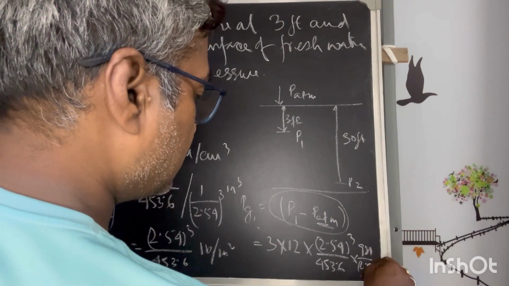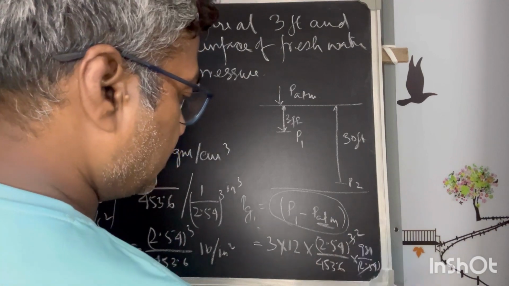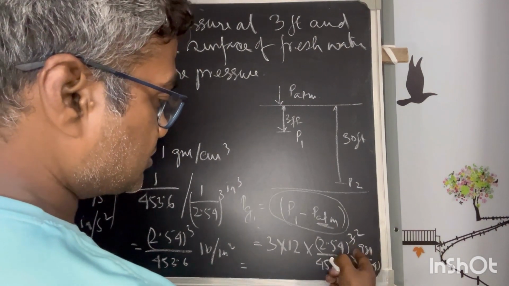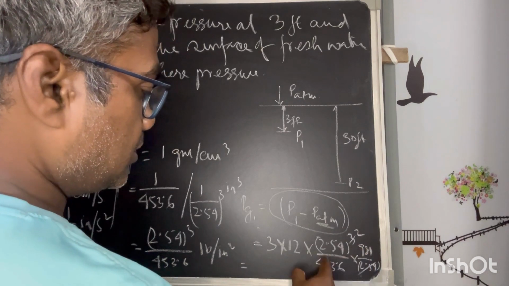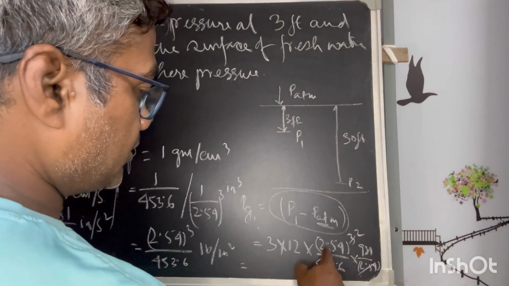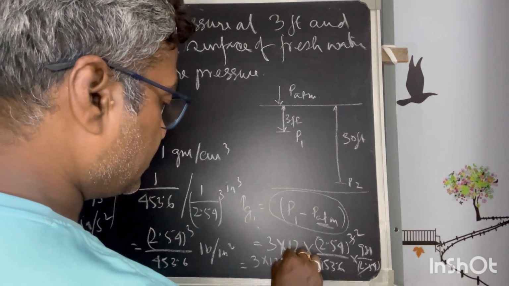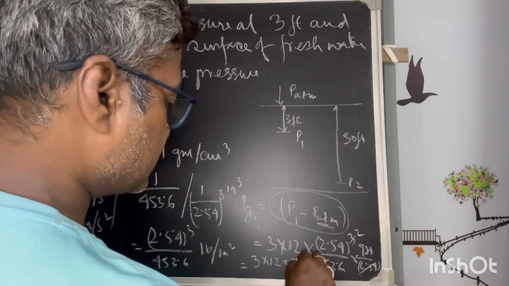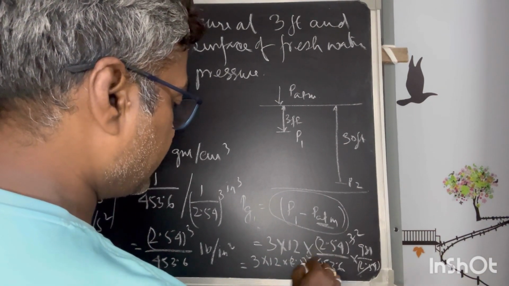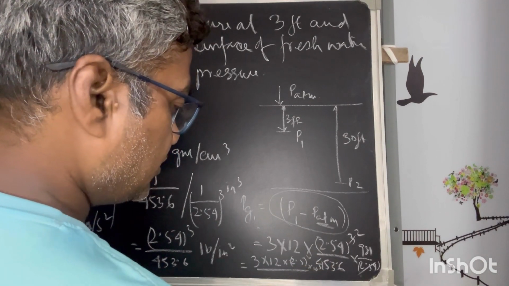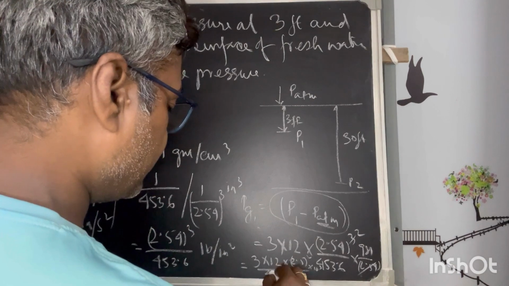Okay, so one factor will cancel. Now apart from this, if I take an approximation, this is around 1000 and this is 450, this is 2.54, approximate value by taking the round off. So this is 2.5 whole square divided by, and this is 1000, 10 to the power 3, and this is 450.